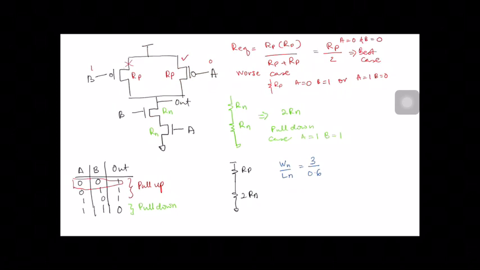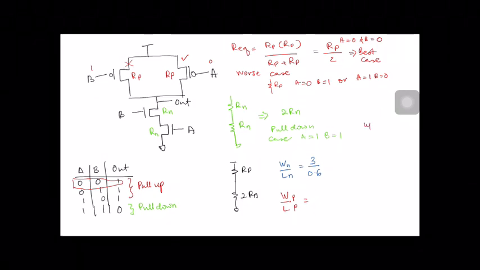So now in the case of the NAND gate, this is Rp and this is 2Rn. If this is 3 over 0.6, what should be the width and L for the PMOS?